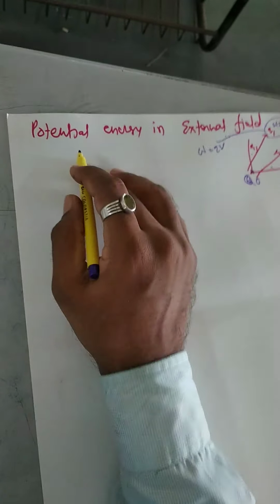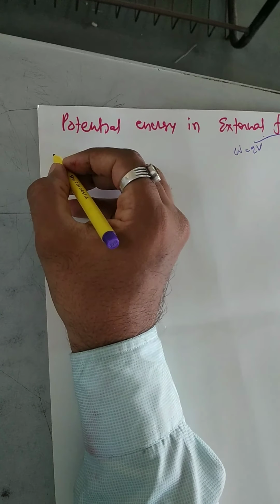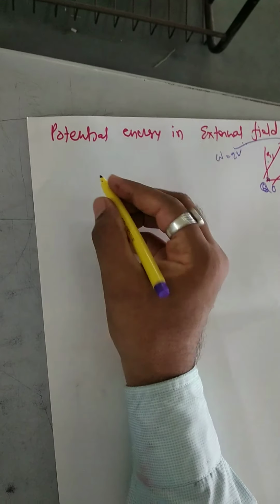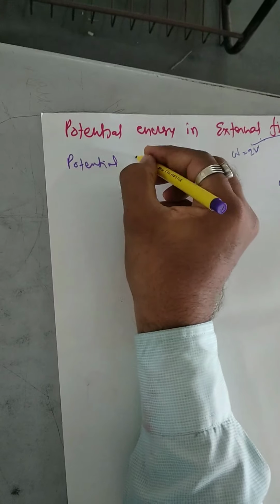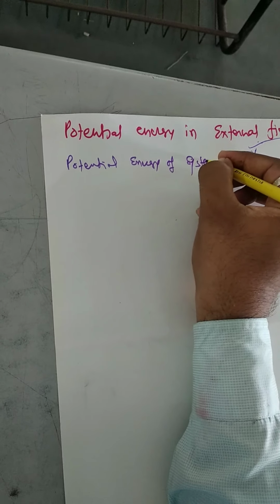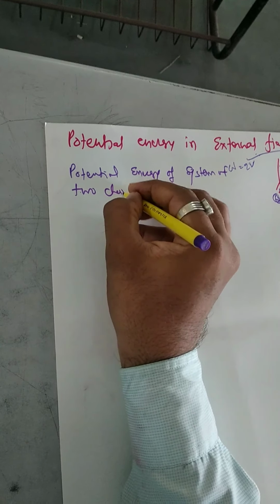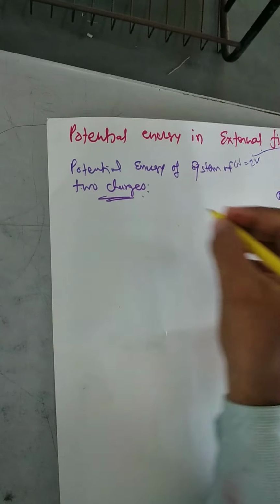Okay, so for the potential energy in an external field, if we have to find the value of the potential energy of a system of two charges, the total potential energy of the system of two charges.